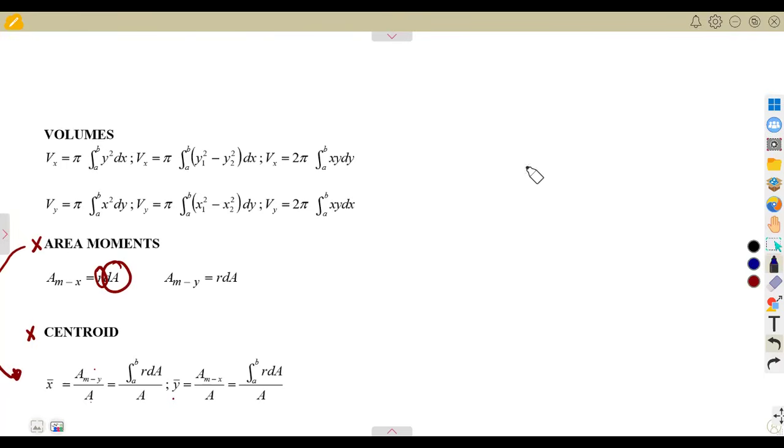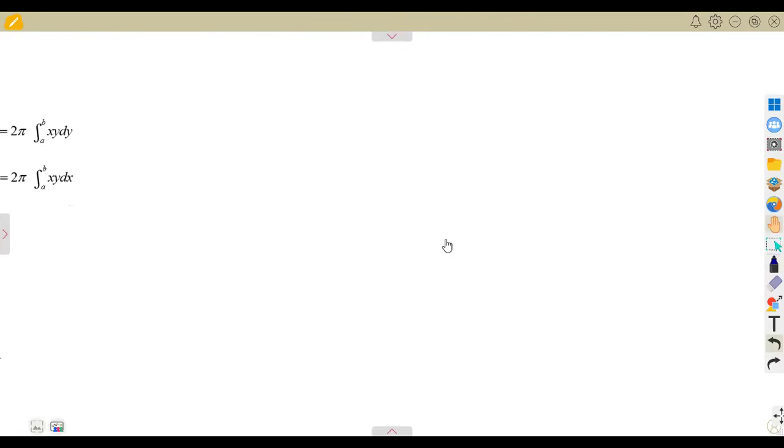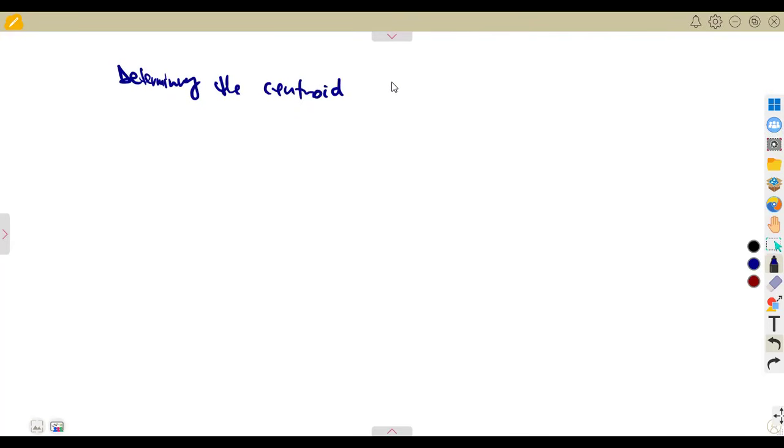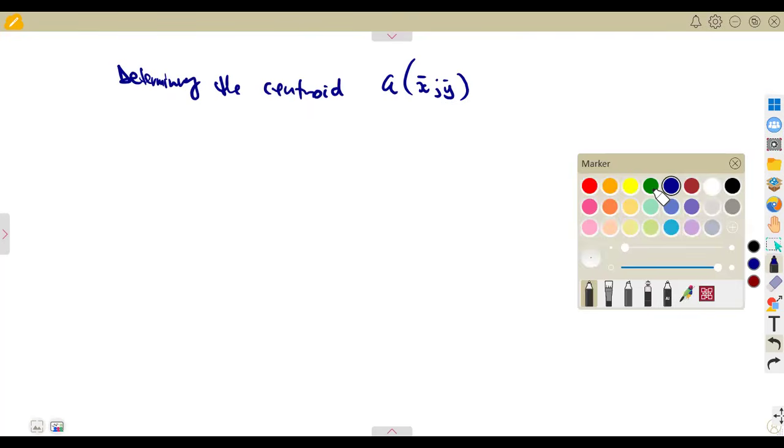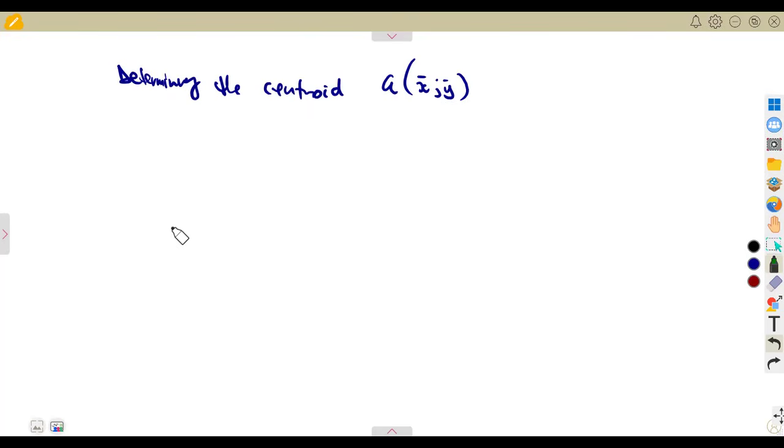Let's talk about this r. Let us just talk about determining the centroid. The centroid I'm just going to present as G, which is (x, y). Remember, we're supposed to have the x and the y, but it is controlled by the function that you're given, or the condition of the function.